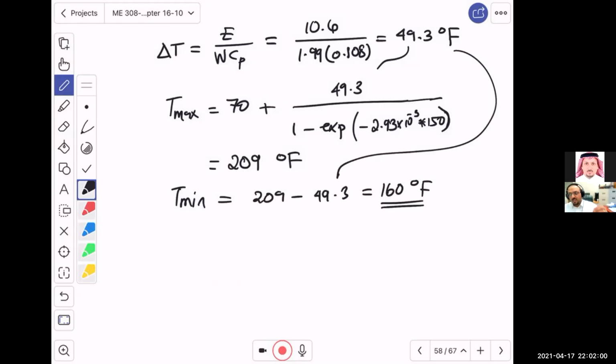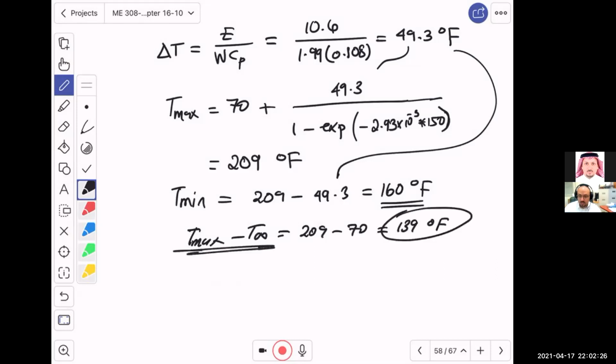Why? Because the temperature difference, T maximum minus T infinity, that we are predicting here is 209 minus 70, which is equal to 139 degrees Fahrenheit.